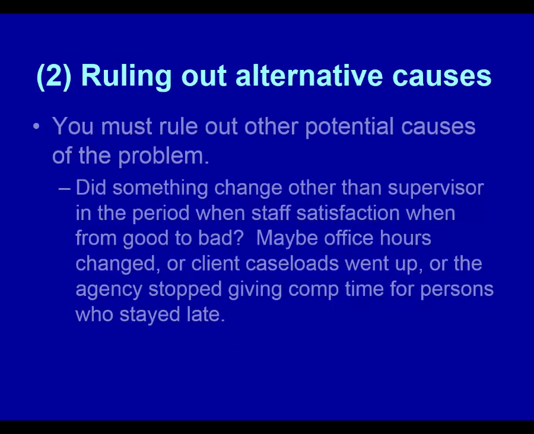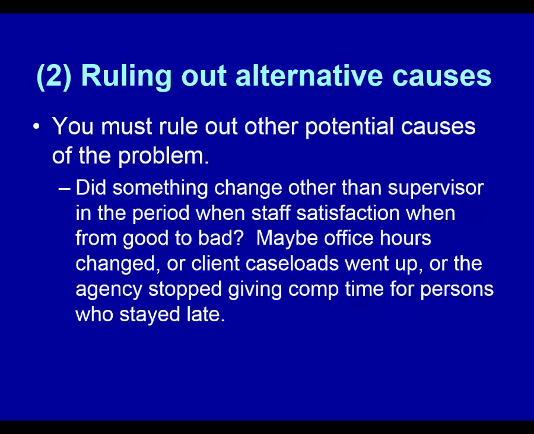Ruling out alternative causes. In the previous one, by the way, we were talking about situations where we could see a relationship between the cause and the effect. You must rule out other potential causes of the problem. Did something change other than supervisor in the period when staff satisfaction went from good to bad?